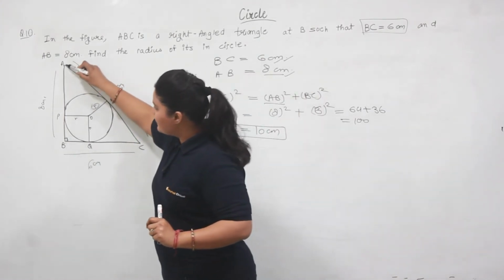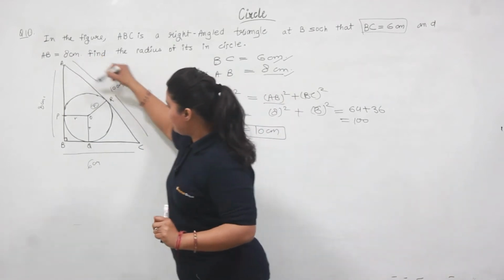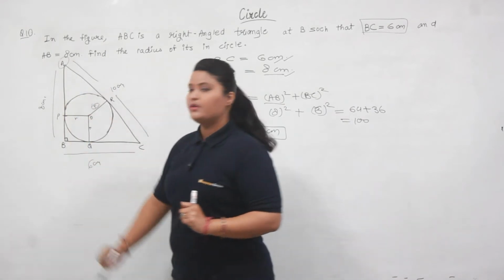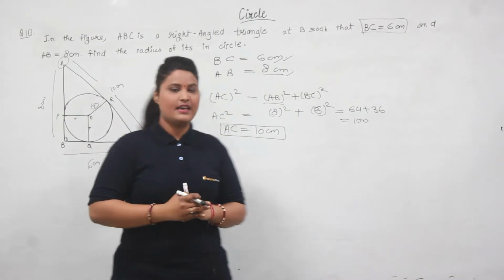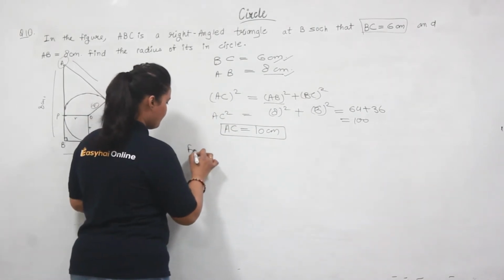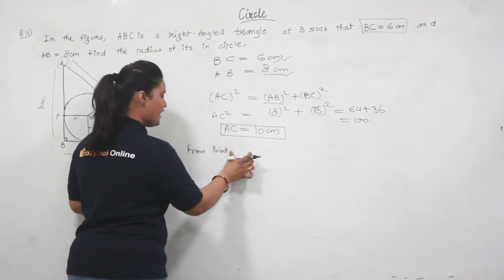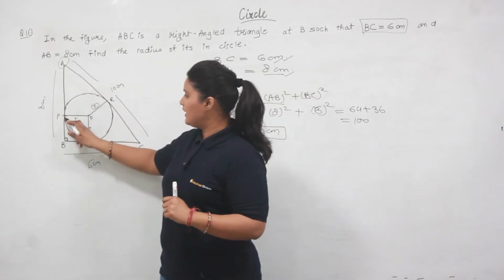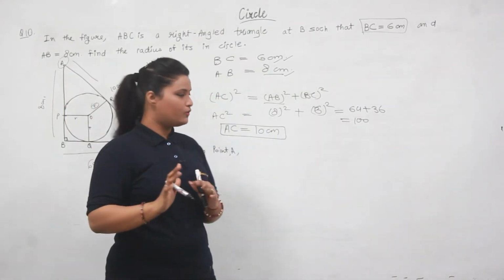I can see that AP is one tangent and AR is also a tangent from a common external point A. So from point A, we have two tangents, AP and AR. These two tangents will be equal to each other.